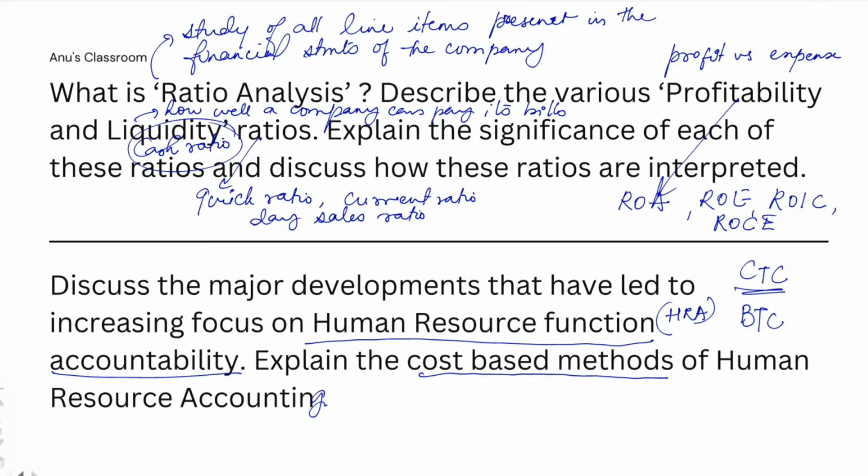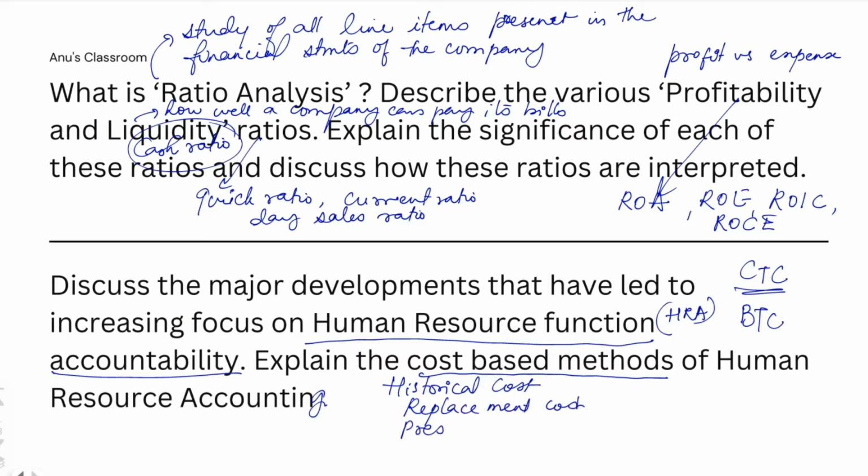So for the cost-based method of human resource accounting, there are several methods, generally four to five. The first one is the historical cost method. Then we have the replacement cost method.